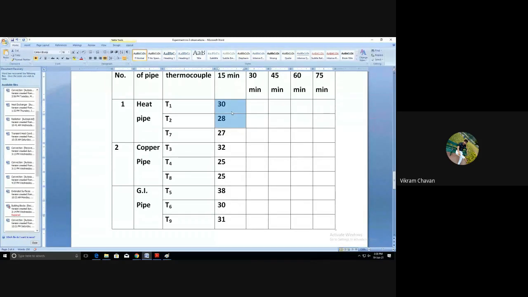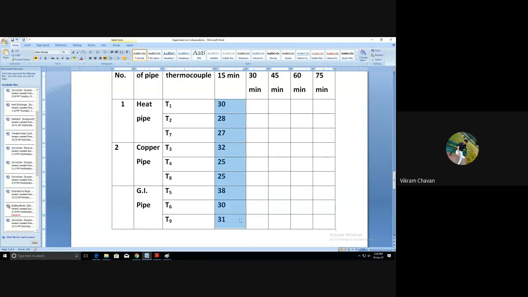If the temperature difference is lesser, then that pipe will transport the maximum amount of heat. And if the temperature difference is more, then that pipe is inefficient at transferring a large amount of heat from one location to another. In this manner we have to compare these three pipes.